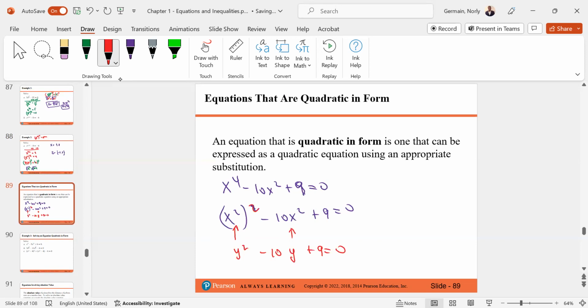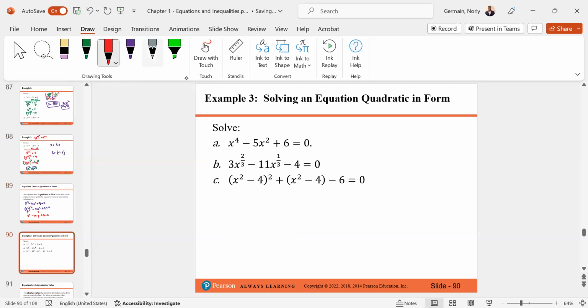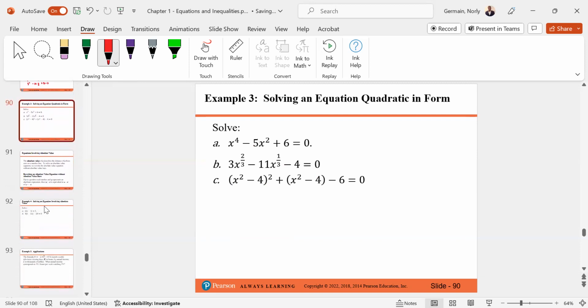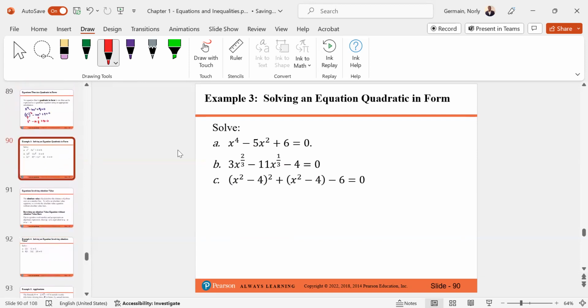That's why we let y equal x squared, but we could say u equals x squared. Look at these examples very quickly. Maybe we're not going to do all of them because there's too much to do in this chapter.